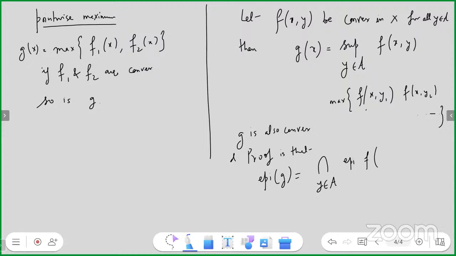That's it. Once you notice this, the proof is over. Is it clear?